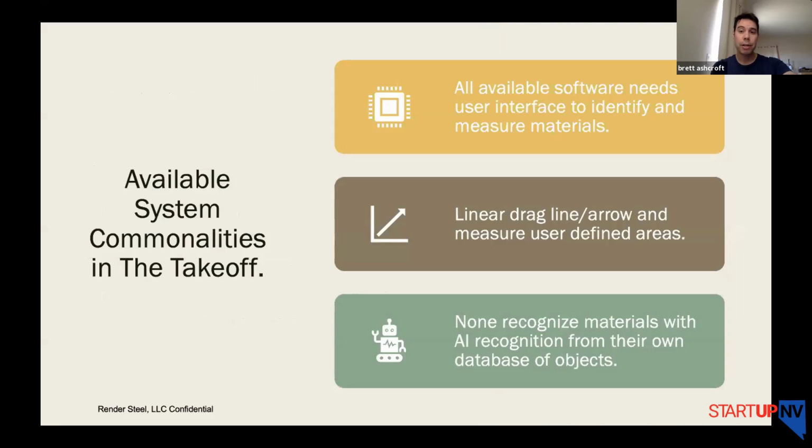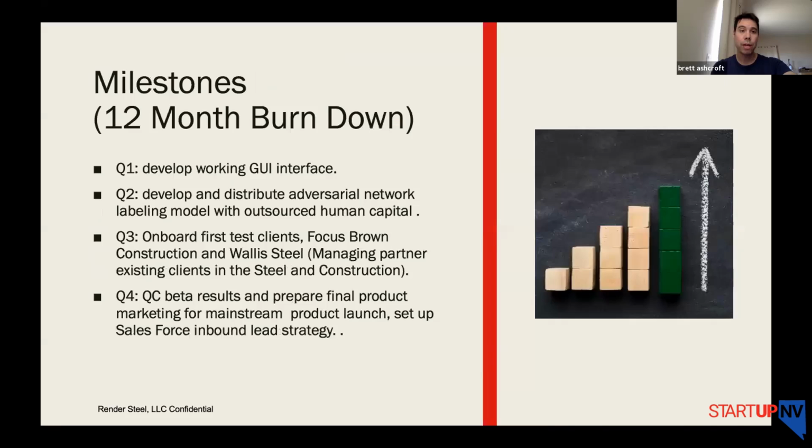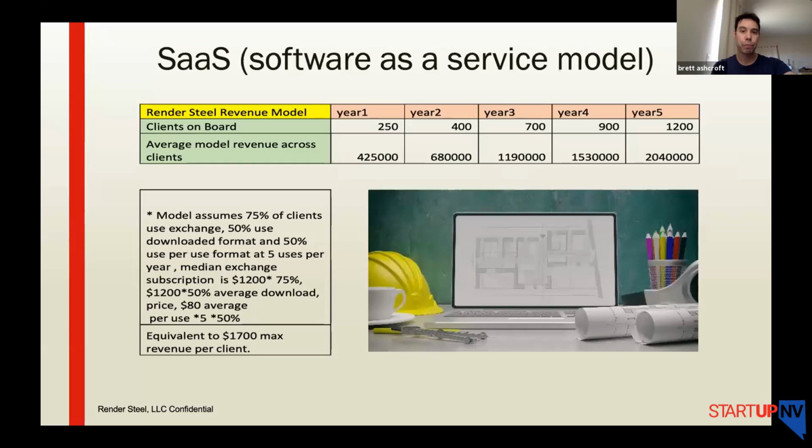Everything that exists is linear, drag, and measure, with no artificial intelligence. Milestones: we're looking to build the GUI interface in Q1, distribute our adversarial network to fill in the blanks on the blueprint, which I can address in questions later, and then onboard clients and do the beta testing.